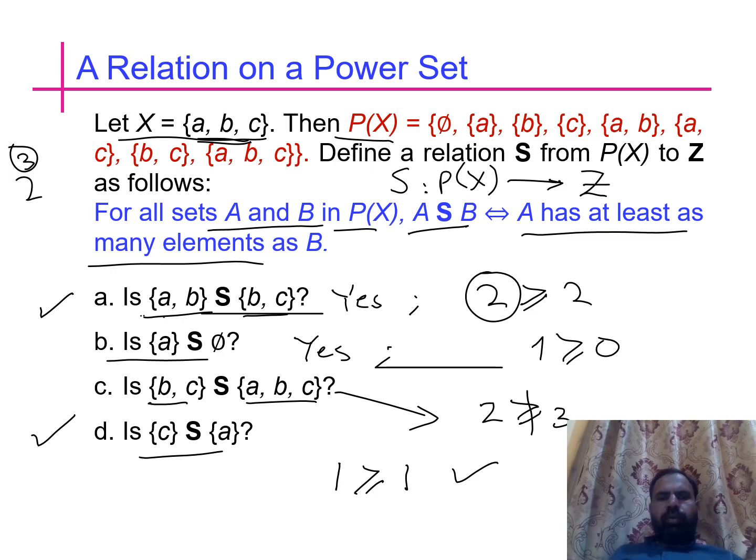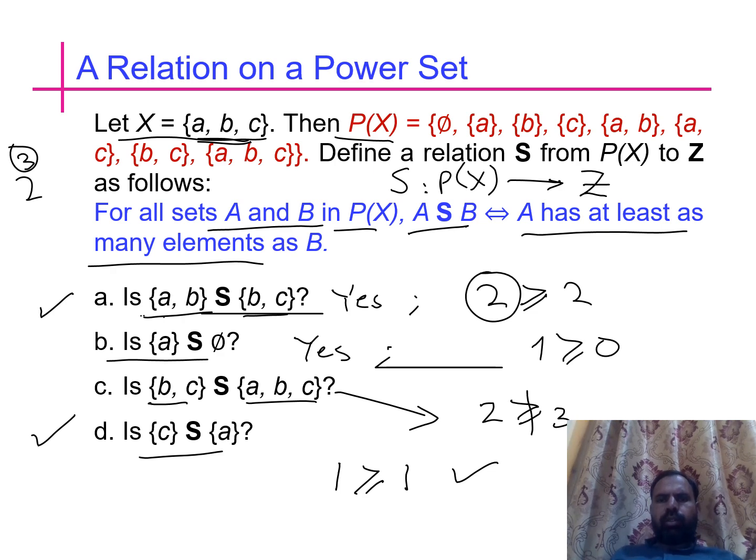A relation on a power set. Let X be equal to {a, b, c}, and the power set of this X contains all these sets. Phi is an element of every power set, and the set X is also an element of its own power set: {a}, {b}, {c}, {a,b}, {a,c}, {b,c}, {a,b,c}.